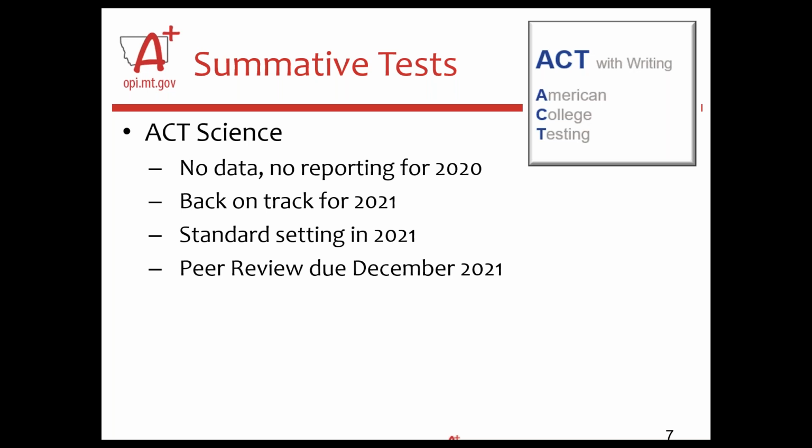We are still planning to conduct standard setting for ACT science sometime during the 2021 fiscal year. We're still working out some details with that. And then following that, once that's complete, we will be able to submit the information to the U.S. Department of Education. By December of 2021 is our deadline for the peer review process.